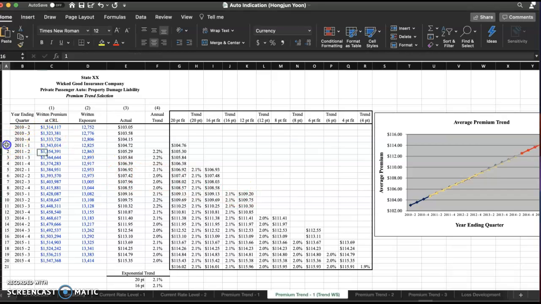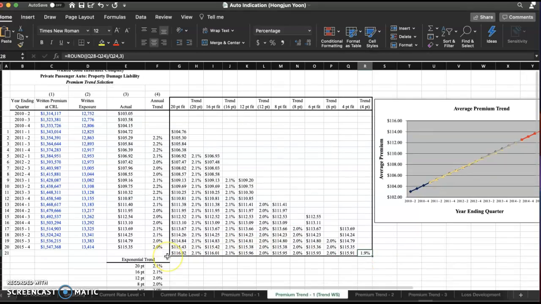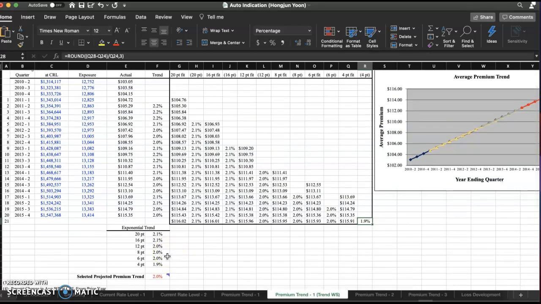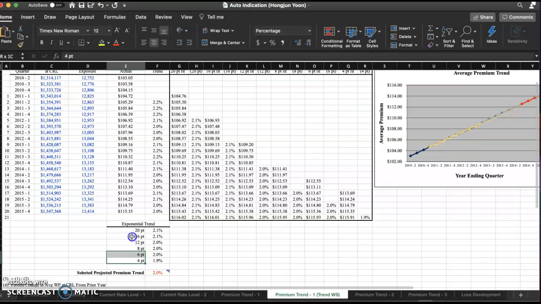Although there are 20 point fit for the trend data, I had the 21st one in order to get the 4-point trend right here. For our selection, I used the measure of centeredness in between 12-point and 8-point since there are 6 of them.